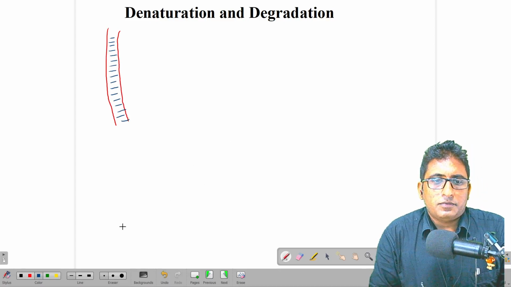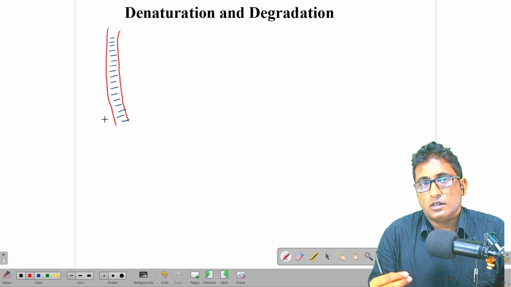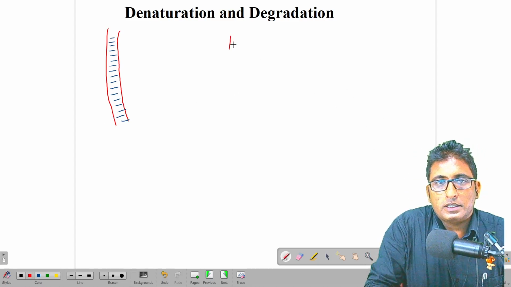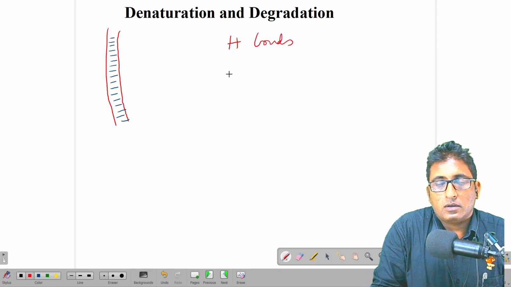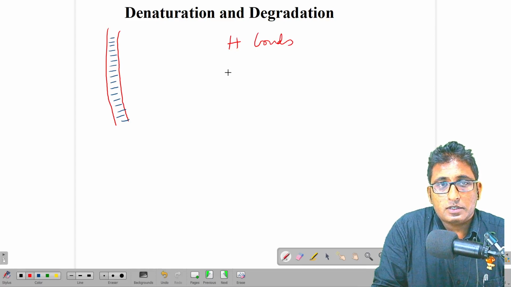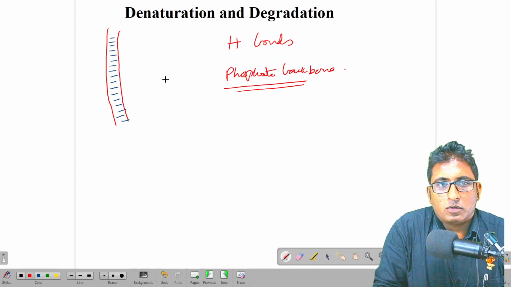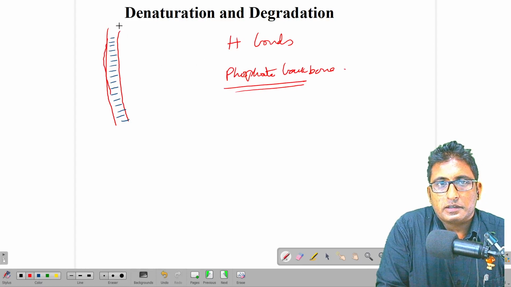There are two important types of bonds that hold the DNA together. One is the hydrogen bonds, and the second one, which we should have said first, is the phosphodiester bonds that make these strands, or the phosphate backbone, we'll just call it that way. So phosphodiester bonds make up the bonds here, and the hydrogen bonds are indicated as blue ones here.